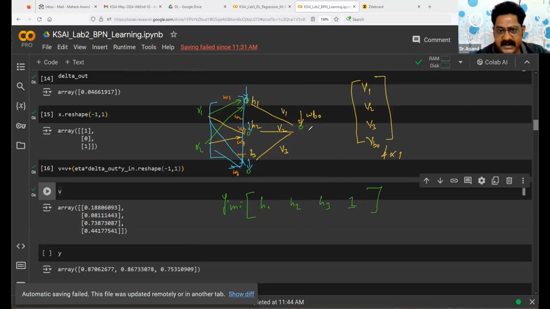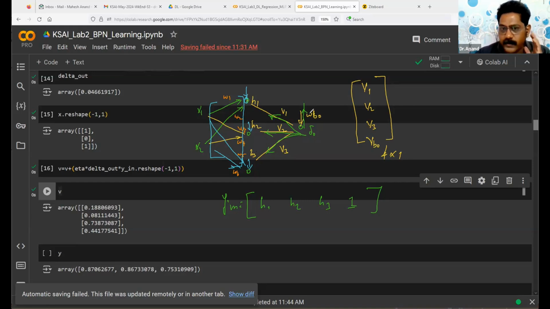But when you propagate this delta naught, it should go via this, scaled by V2, scaled by V3, the backpropagation. But we don't propagate in this direction. The reason, this is a popular interview question, or maybe here you can consider it a quiz question.